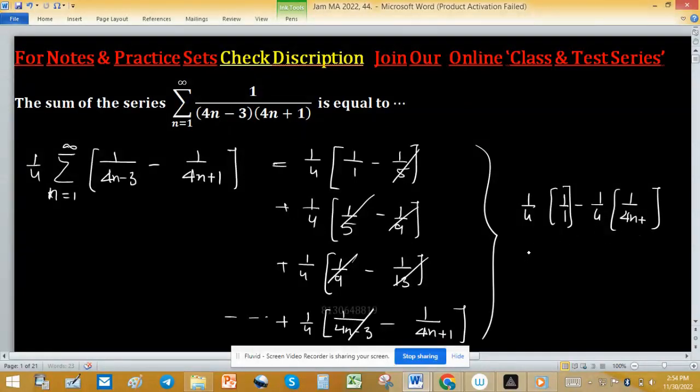Actually we need to find the sum of this series, and this is a partial sum Sn. So to find the sum, we need to take limit n tends to infinity, and that will be 1 upon 4 into 1 minus 0, and this is 1 upon 4, equivalent to 0.25.